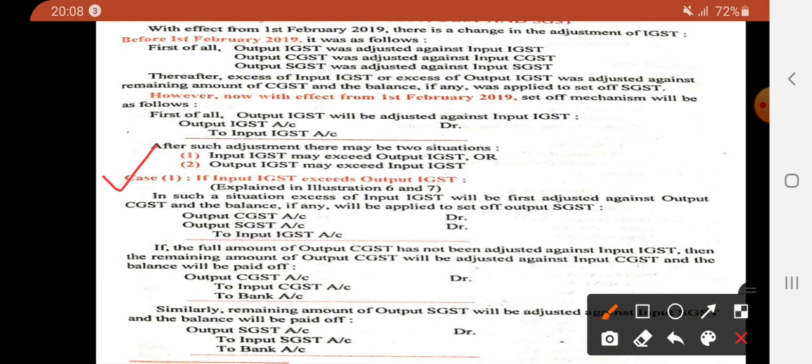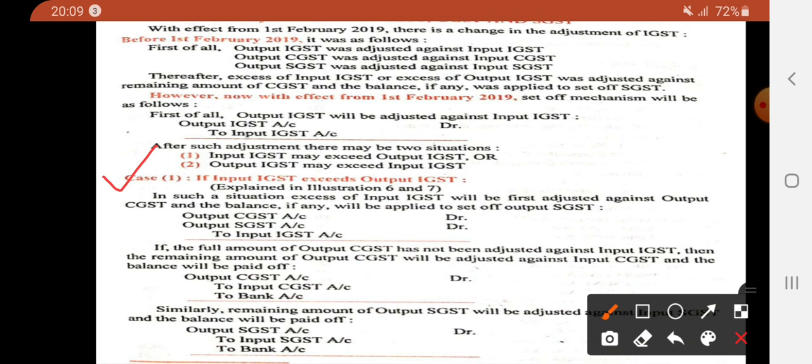Along with the expense, we pay some IGST when we incur expense outside the state, or when we purchase assets from outside the state, or when we purchase goods from outside the state. Now if input IGST exceeds output IGST, that means the amount that we have paid is in excess of the amount that we have collected at the time of sale.